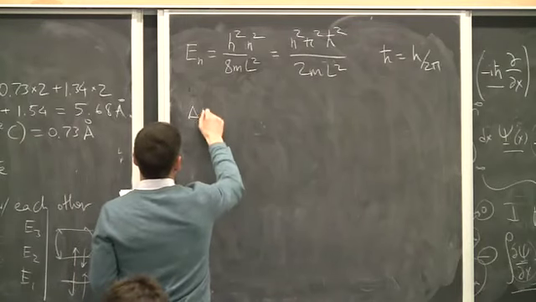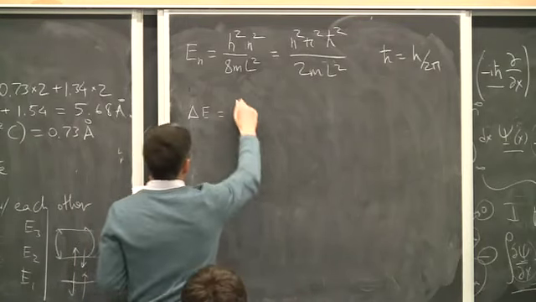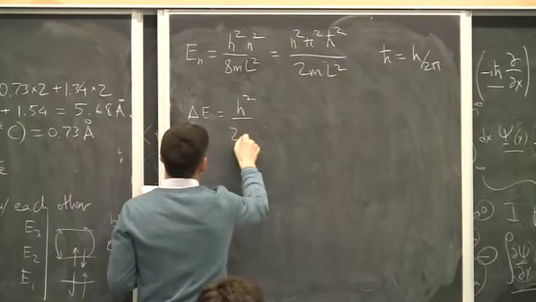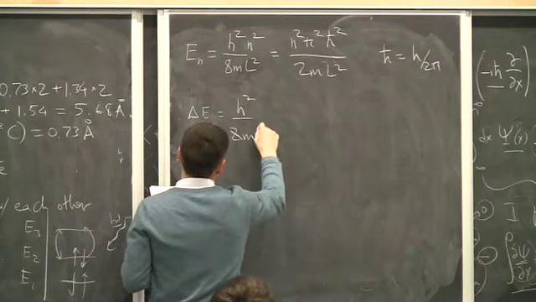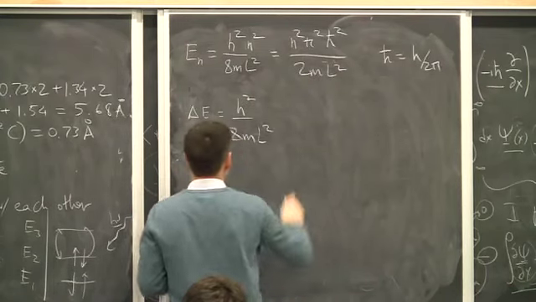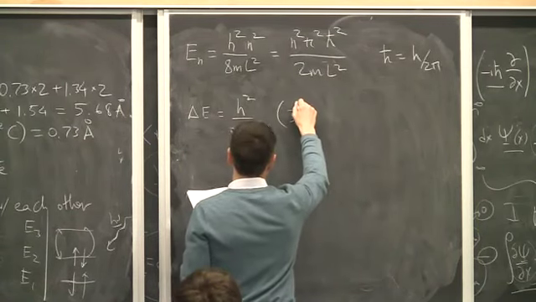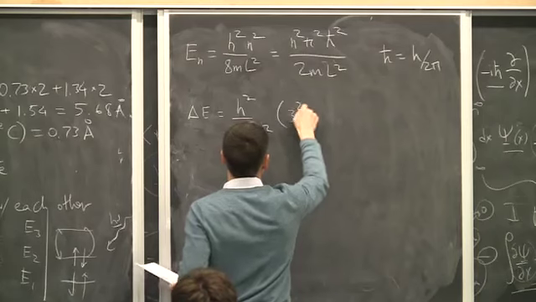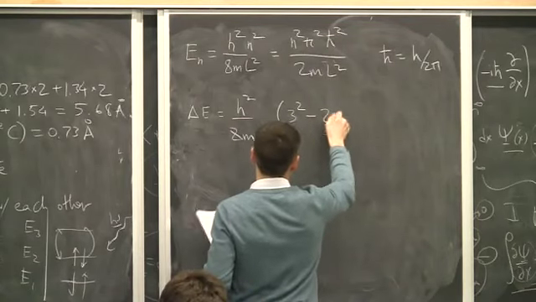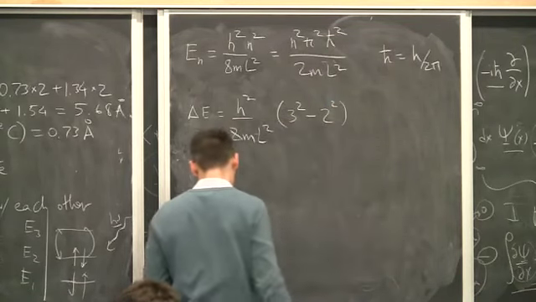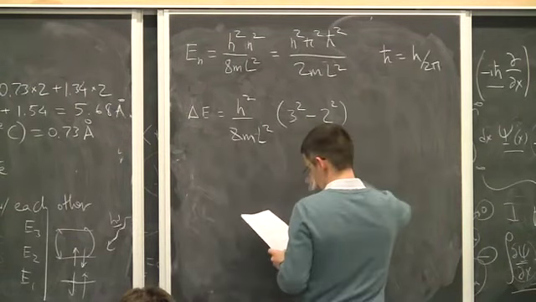And the delta E then is equal to h squared divided by 8 m l squared. So our final is first E3, so it's 3 squared minus 2 squared. Okay?